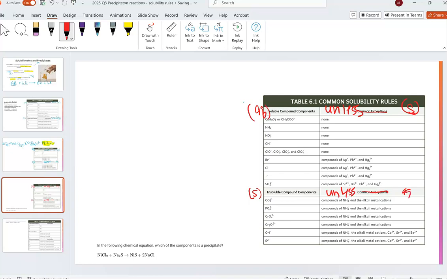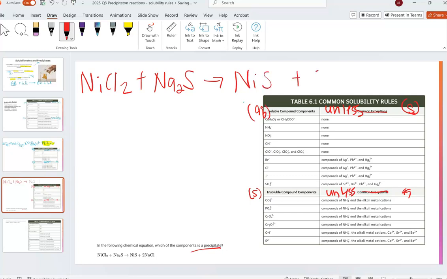Okay, so let's take a look at our question that I moved to the bottom. It says, in the following chemical equation, which of the components is a precipitate? So I'm going to rewrite it. NiCl2, so that's nickel 2 chloride, and sodium sulfide yields nickel 2 sulfide plus sodium chloride. Okay.